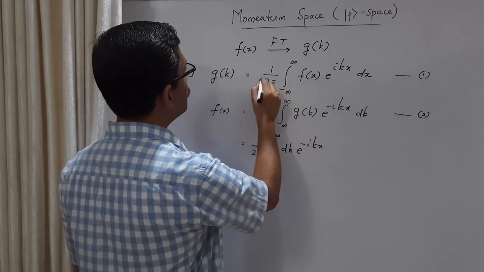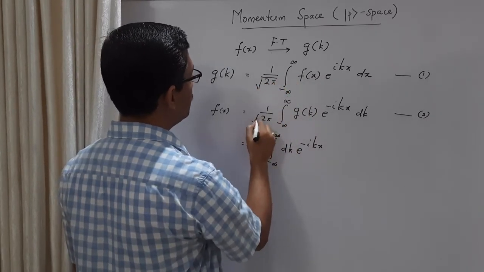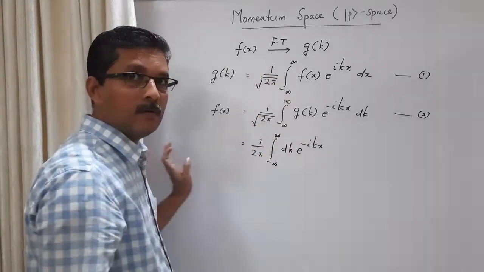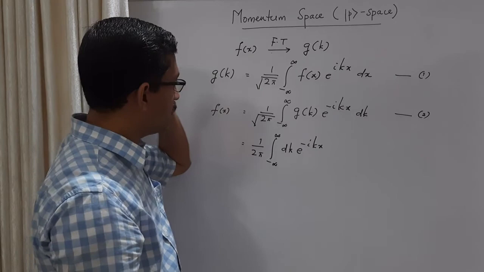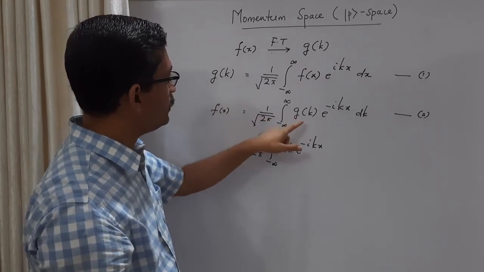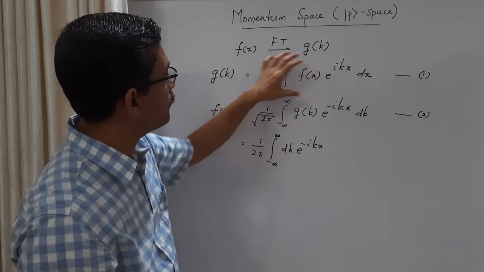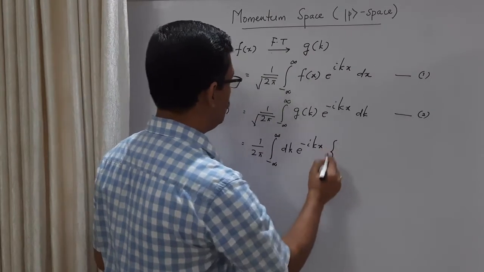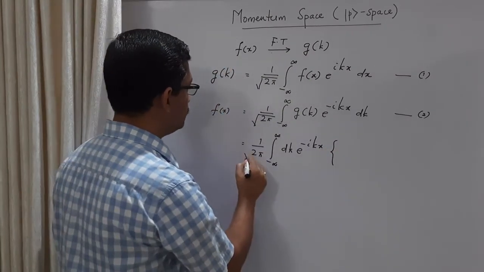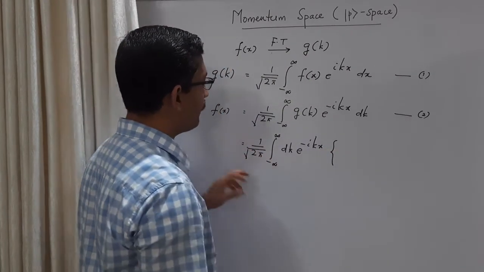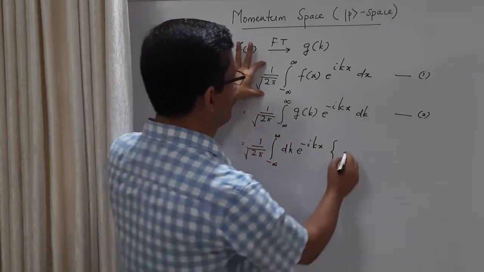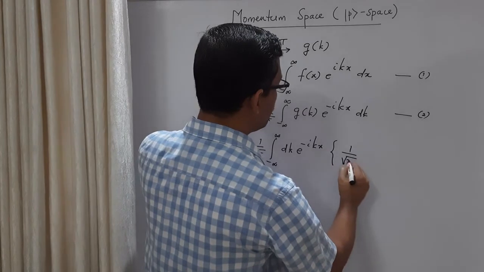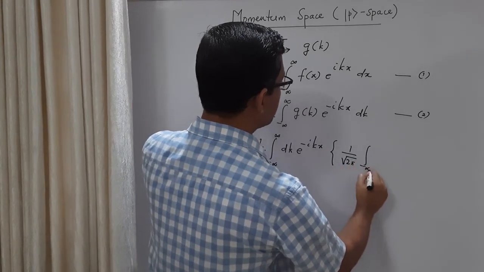Okay, it's 1 by root 2 pi here. In the definition of the Fourier transform, it is 1 by root 2 pi. So when I substitute for g of k, you have to substitute this one. So this is 1 by root 2 pi. Now when you substitute for g of k, you substitute equation 1. So then there is an additional 1 by root 2 pi here, integral.